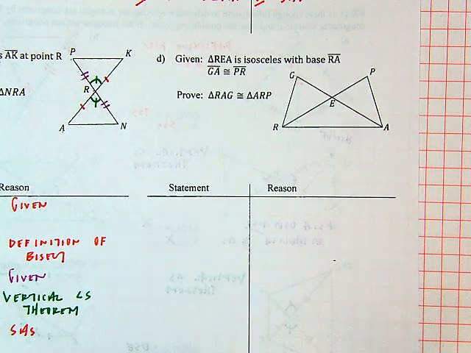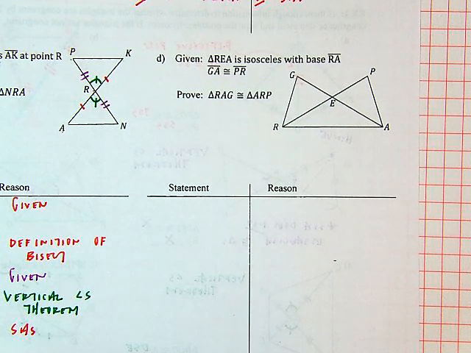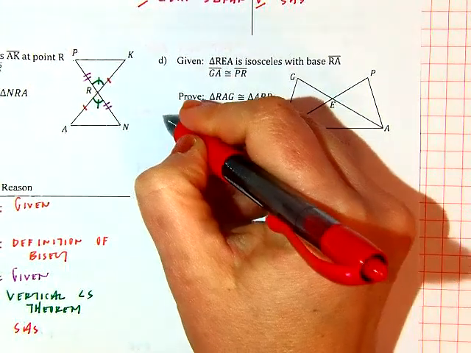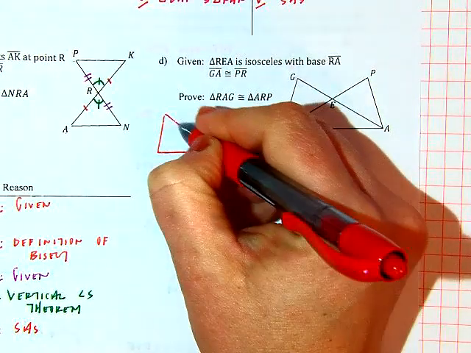So whenever I'm looking at something where there's overlapping parts, sometimes it helps to just pull them apart and view them as two separate triangles. So I'm just going to draw them as two separate triangles off to the side.